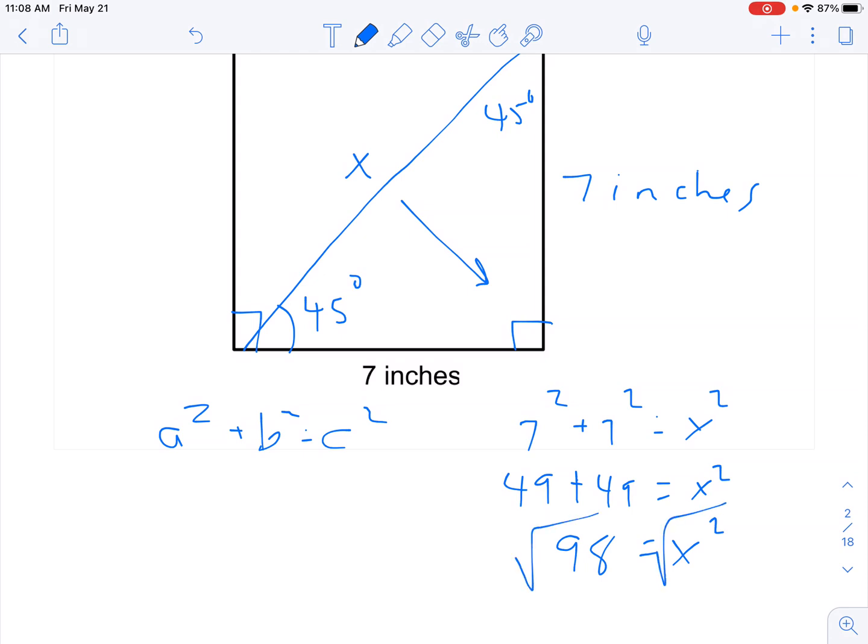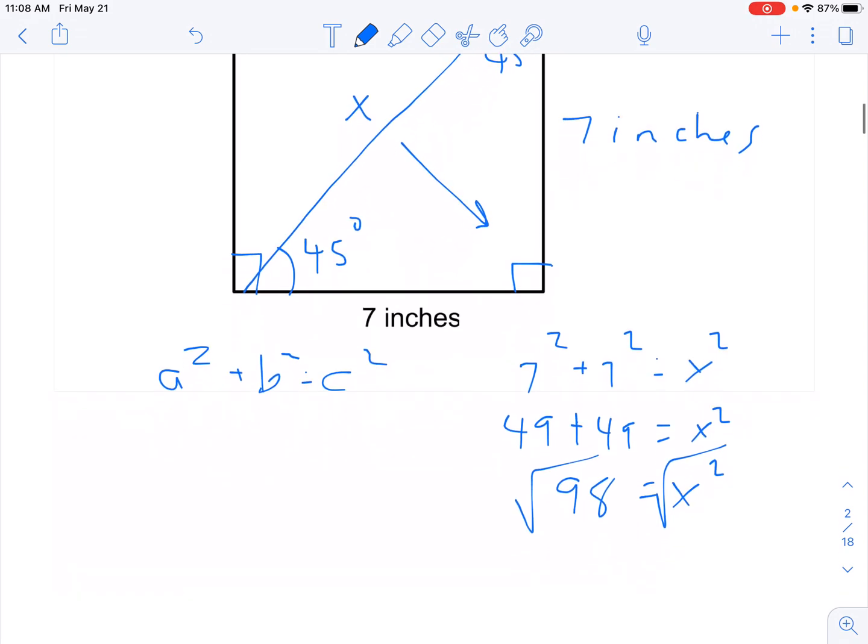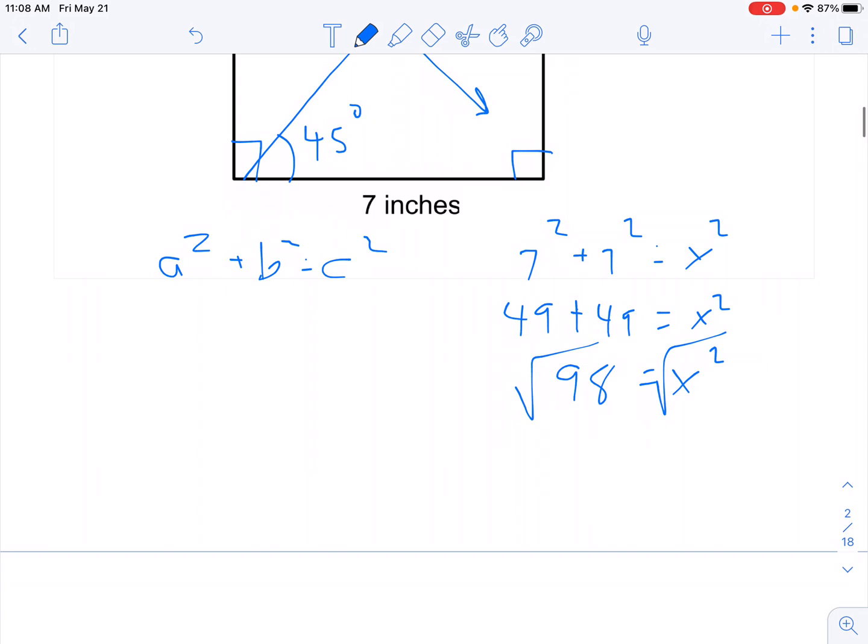And in the past, we have taken the square root and used our calculator to find a decimal. I'm going to show you another way to simplify a square root. To simplify a square root, we break this down into the factors. Well, I know that 98 is 49 times 2.